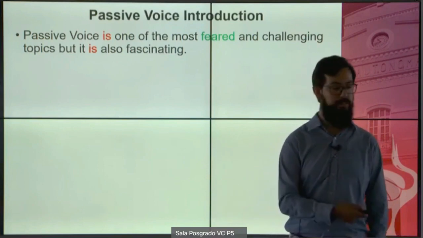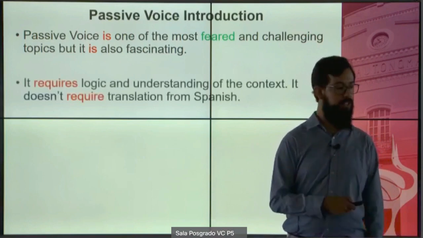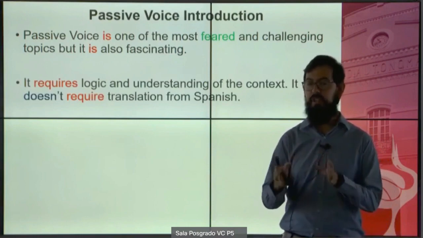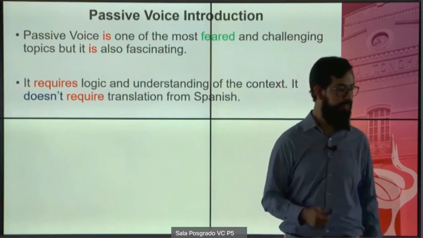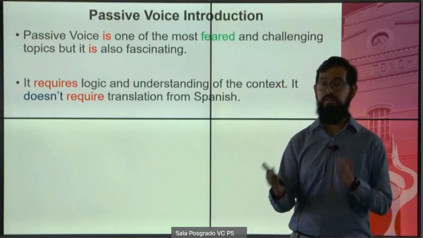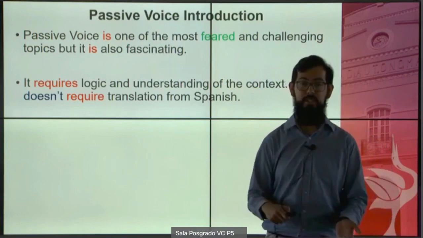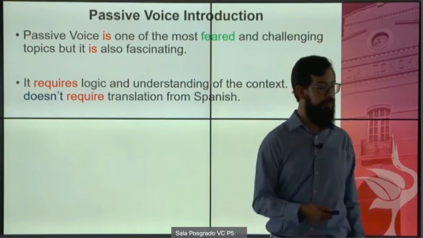It all depends on observation. Passive voice requires logic and understanding of the context. If you use a little bit of logic and understand the context, you're good to go. It doesn't require translation, because we sometimes translate too much from Spanish to English. But English is a different system.